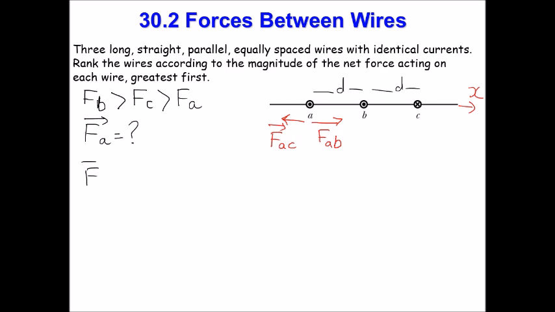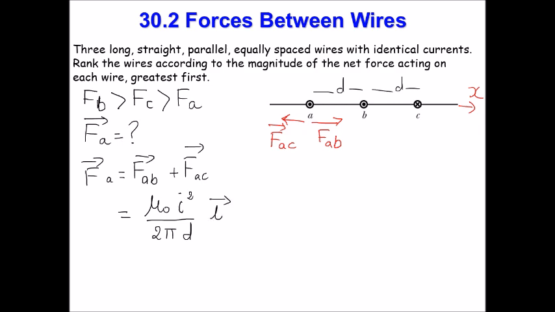Okay? FA will be equal to FAB plus FAC. So what is FAB? That's mu 0 times the two currents, which are the same current, so that's just I squared over 2 pi d, along the x direction, plus mu 0 I squared over 2 pi, the distance from A to C, that's 2d, along the opposite direction, so we have minus x direction.